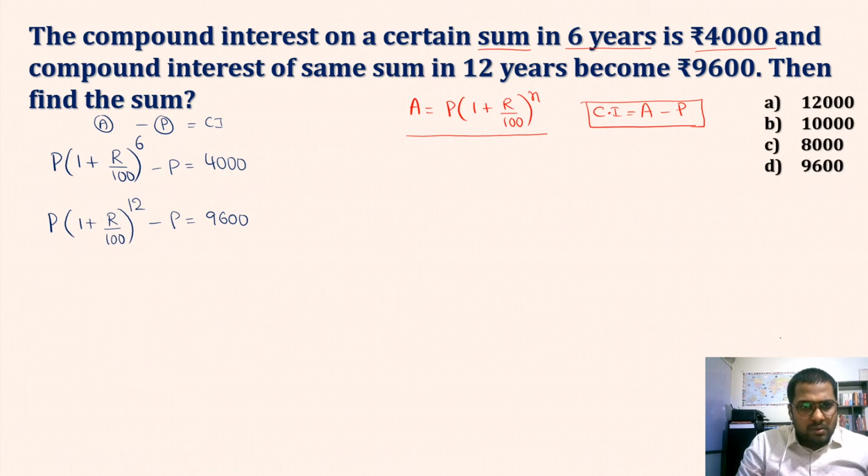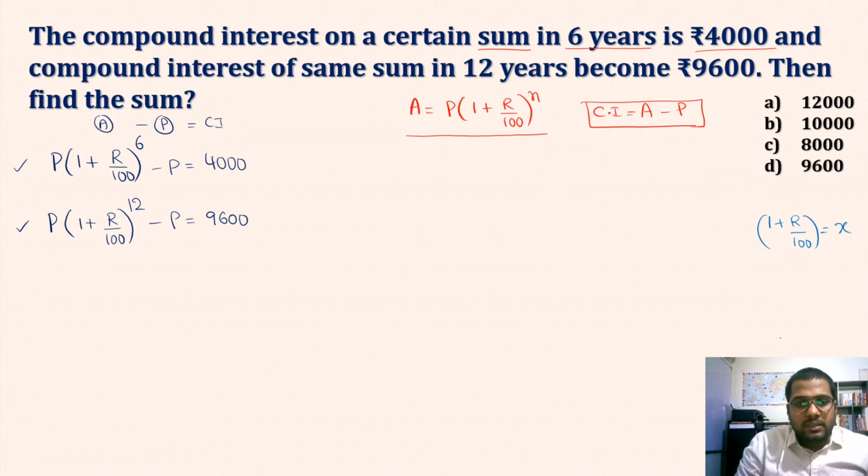You need to solve these two equations to find the P value and the R value. Here the requirement is the sum. Every time we do not write 1 plus R by 100, so I am replacing 1 plus R by 100 with X.